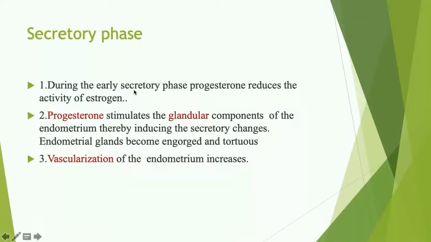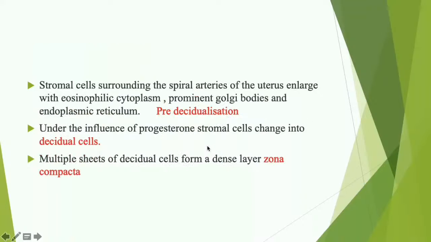So you have the progesterone which is stimulating the glandular component, so the endometrial glands become engorged and tortuous, and remember there is increase in the vascularization of the endometrium. Now this shift happens because assuming fertilization has taken place and the blastocyst has to get implanted in the uterus, and the uterus has to provide the nourishment for the growing fetus.